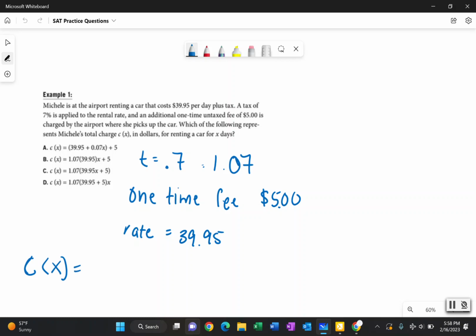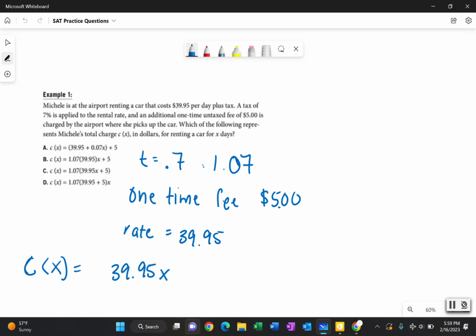So I am renting a car for $39.95 a day, and I also need to make sure I apply that 7% to the rental car rate. All right, but the $5 is not included in the 7% rental car rate. So I for sure know that I'm going to have $39.95 times X, right?